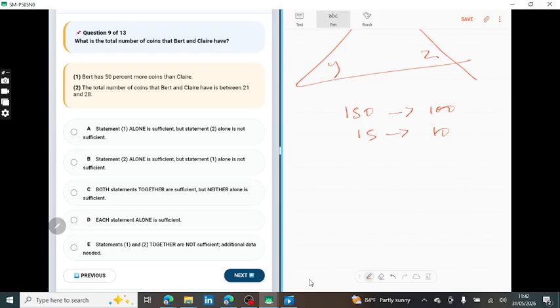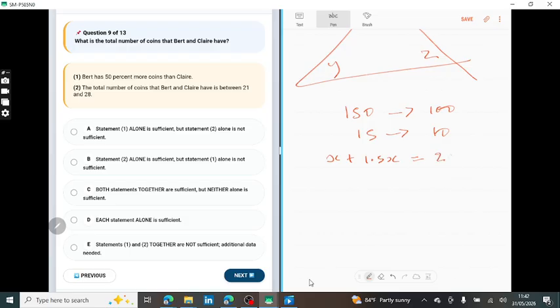Now that means that one is also not sufficient, because is it 22, is it 23, is it 24? So we don't know. But when we combine together, the number plus 50% more than it, that is S plus 1.5S, equals the number.